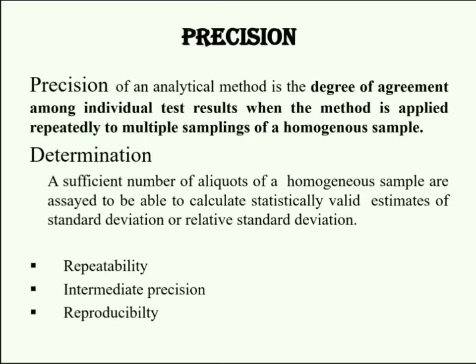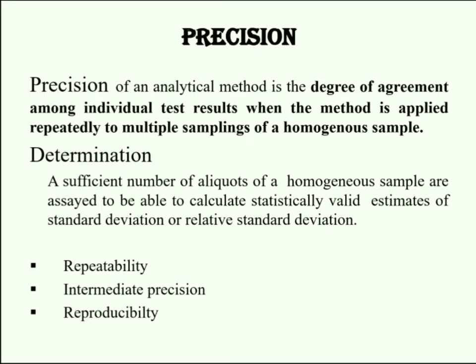Next one is precision. Precision of a method is the degree of agreement among individual test results when the procedure is applied repeatedly to multiple samplings from a homogeneous lot. Precision denotes reproducibility or repeatability of results.